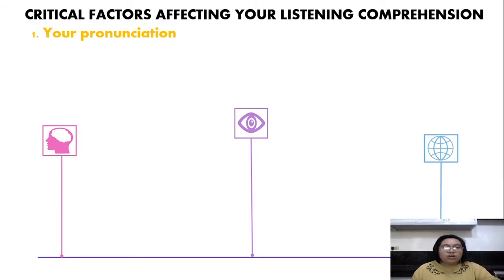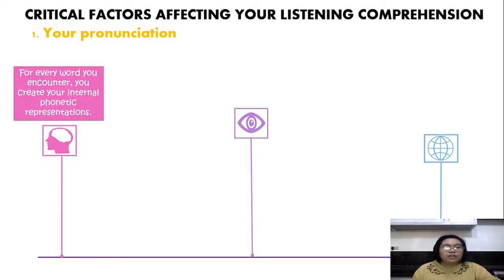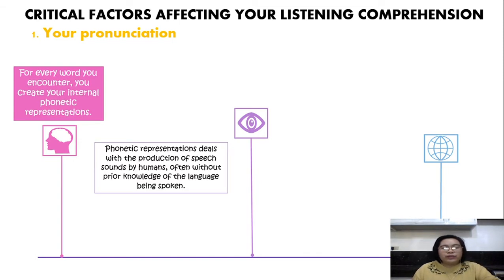First is your pronunciation. For every word you encounter, you create your internal phonetic representation. So when we say phonetic representation, it deals with the production of speech sounds by humans, often without prior knowledge of the language being spoken. In other words, it is how you think that a word should be pronounced.